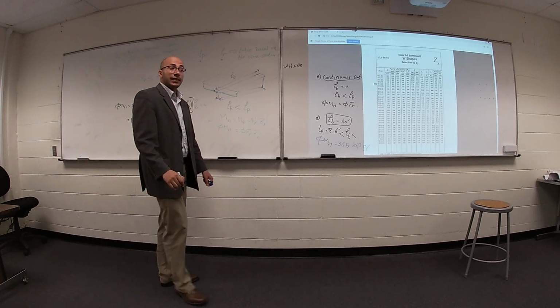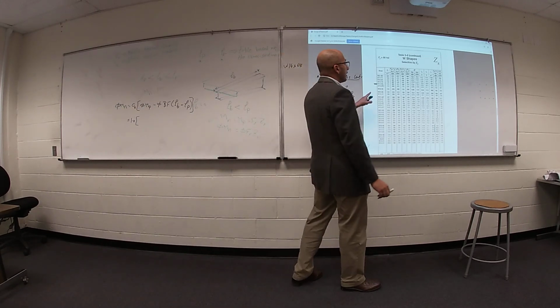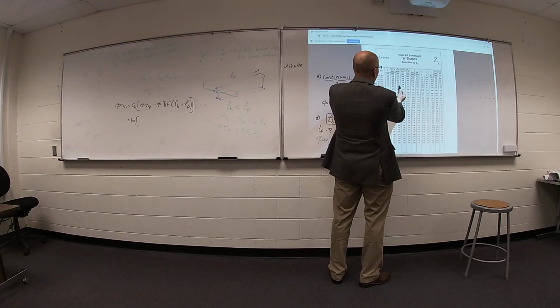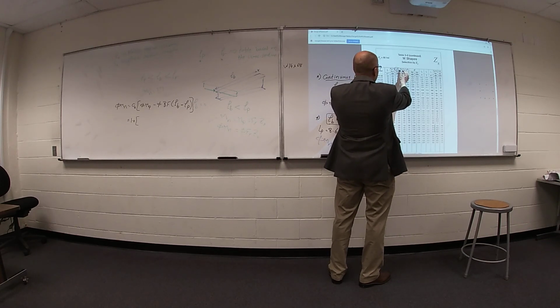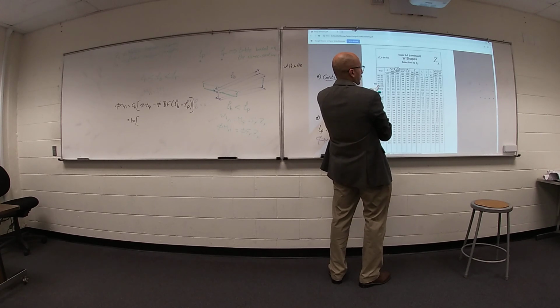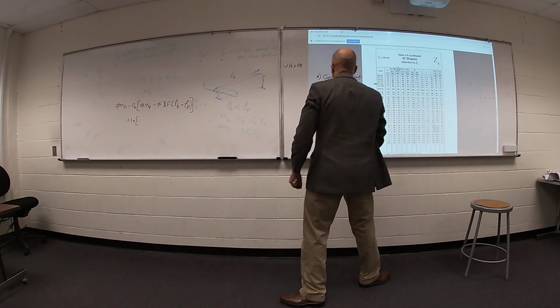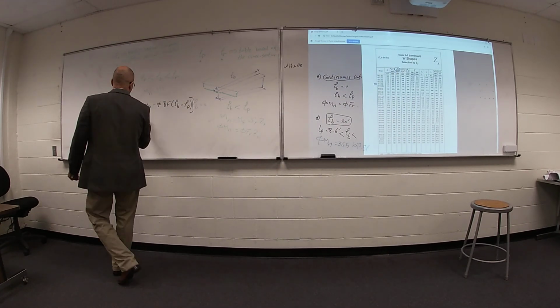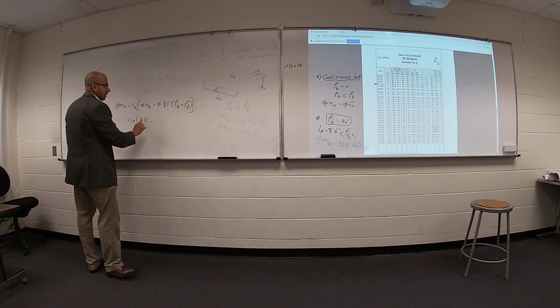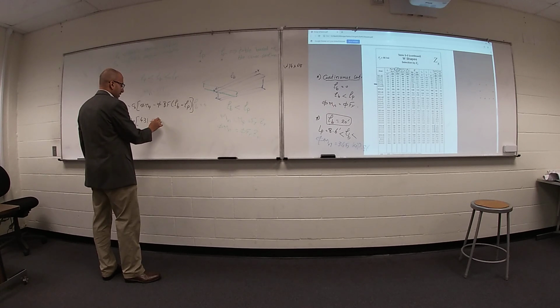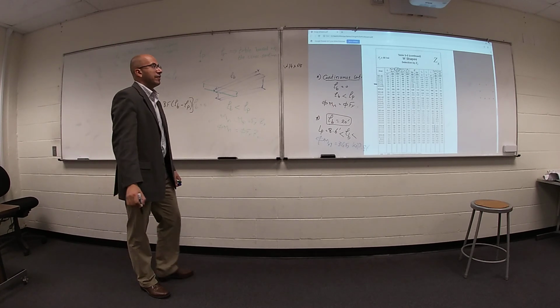Phi M plastic is given directly from this table: 431. Minus phi, which is 0.9, times BF.